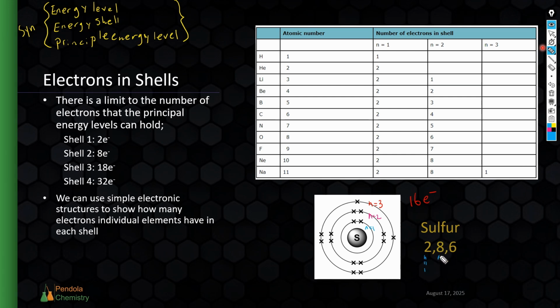The 8 represents 8 electrons in energy level 2. And then the 6 representing energy level 3. So this is basically saying that we have 2 electrons in energy level 1, 8 electrons in energy level 2, 6 electrons in energy level 3, for a total of 16 electrons.